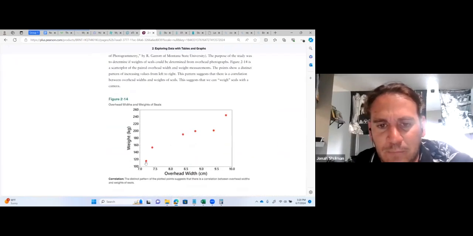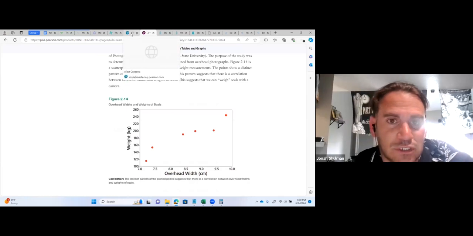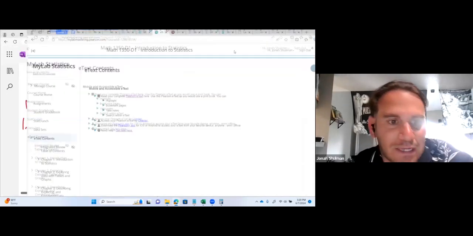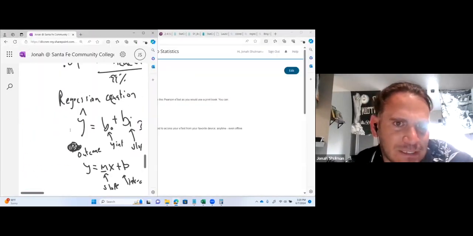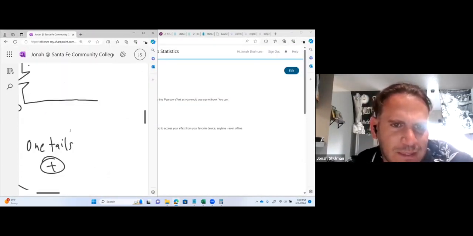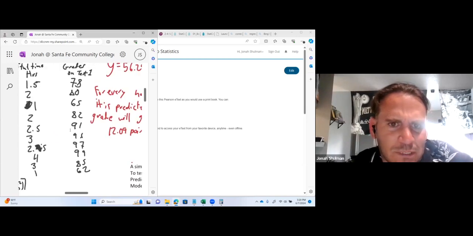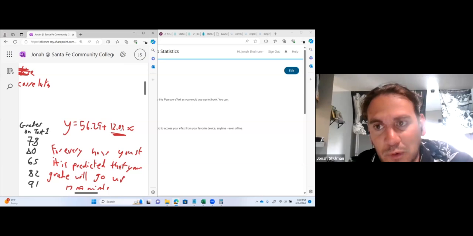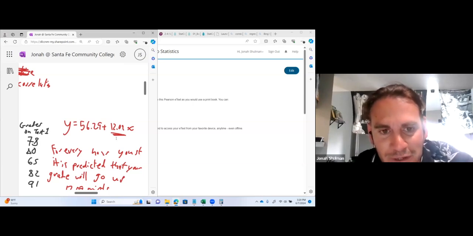We're trying to find the best line to draw through all these to make the best prediction about how this works. And why is this useful, right? I think that's the most important thing. In our case right here, you can be like, if I normally would have gotten a 70 on this test, but if I studied 3 extra hours, if I would have had 36 more points, I'd have 106.